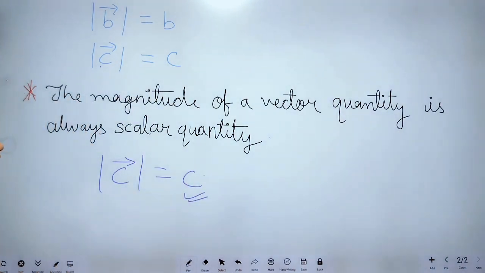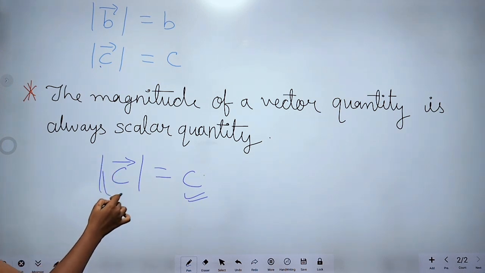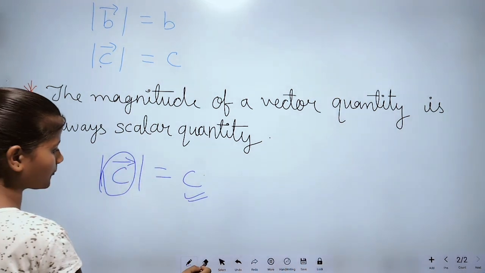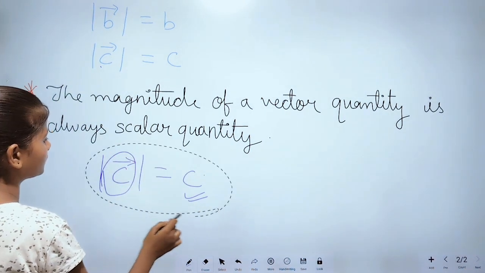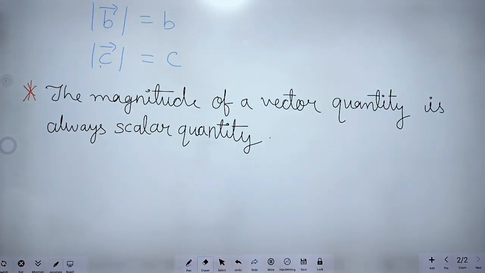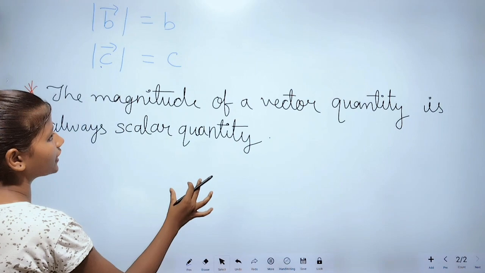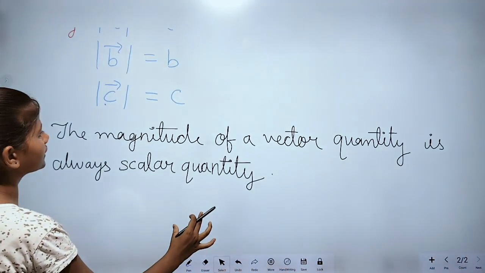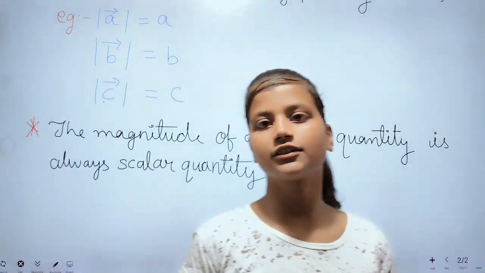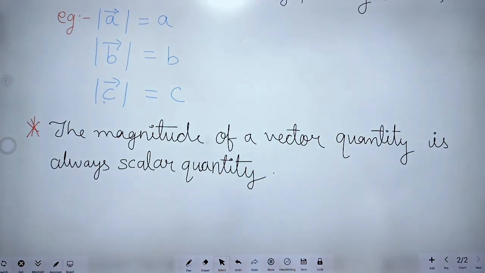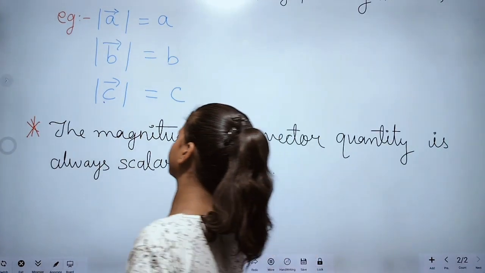So this one is a scalar quantity, because the arrow shows that this one is a vector quantity. When we put modulus, then the arrow is removed. So that's why it is written that the magnitude of a vector quantity is always a scalar quantity. I hope you understand this point. Now move to our next point.